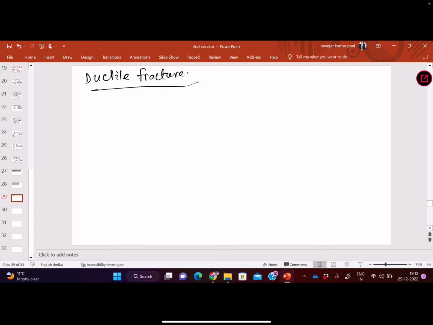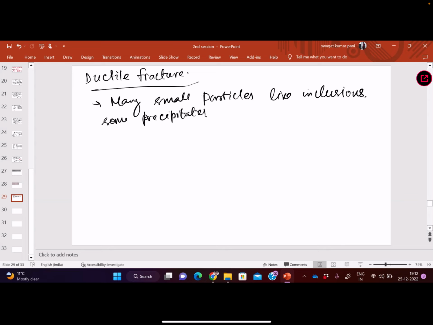In ductile fracture, what happens? We have many small particles like inclusions or some precipitates. So for these particles, first there is decohesion of the particle and matrix surface.